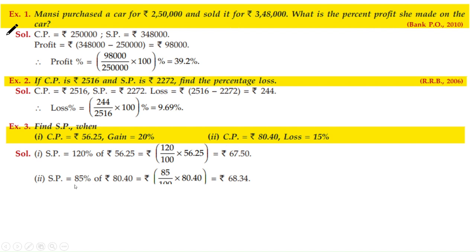SP equal to 85% of rupees 80 rupees 40 paise, that equal to 85 by 100 into 80.40 equal to rupees 68.35.